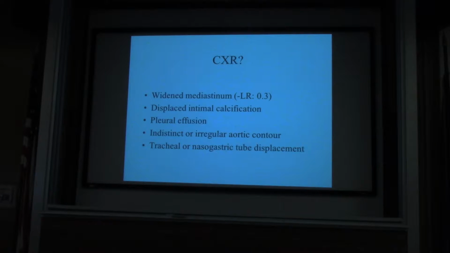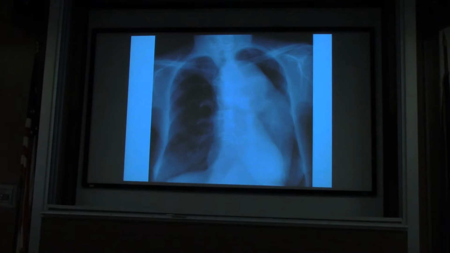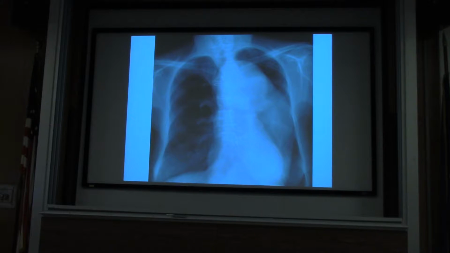Chest X-ray. Why do you get some negative literature? 0.3, you might have some effusion. It's a good thing to do a chest X-ray and see if you find anything. There are cases, a lot of cases, where the first suspicion started from the chest X-ray, like this. What do you see on this? A huge, large mediastinum, right?